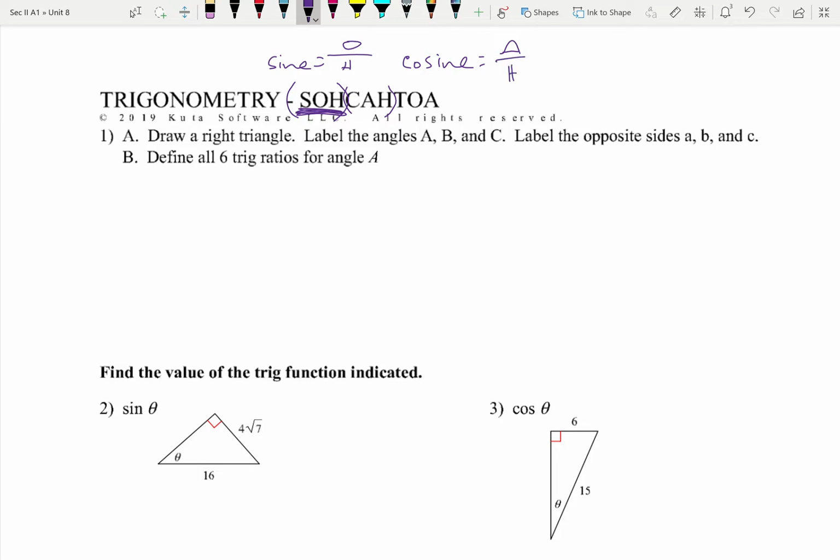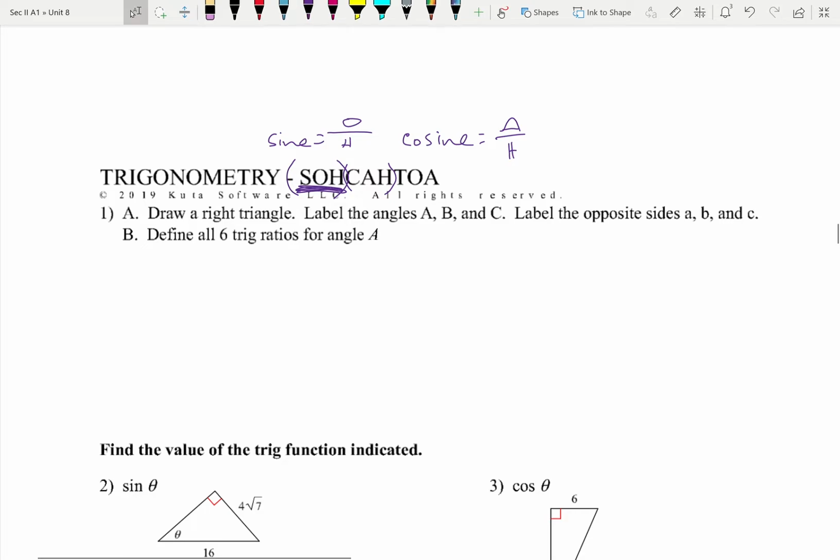If you'll notice, my handwriting has been so bad, my pen broke, so I'm just working with what I've got here. And then your last one is tangent, which is your opposite over adjacent.